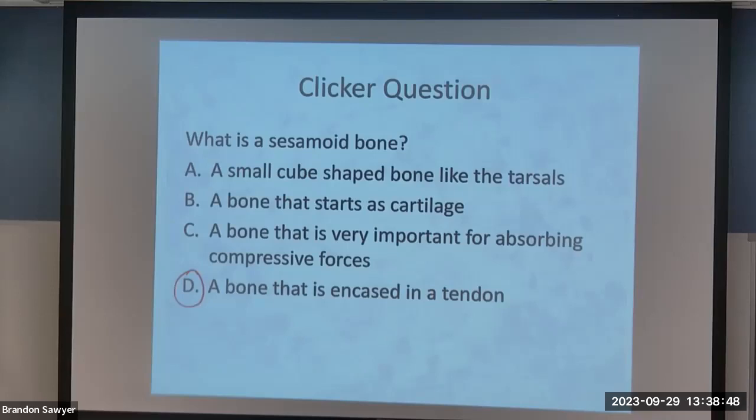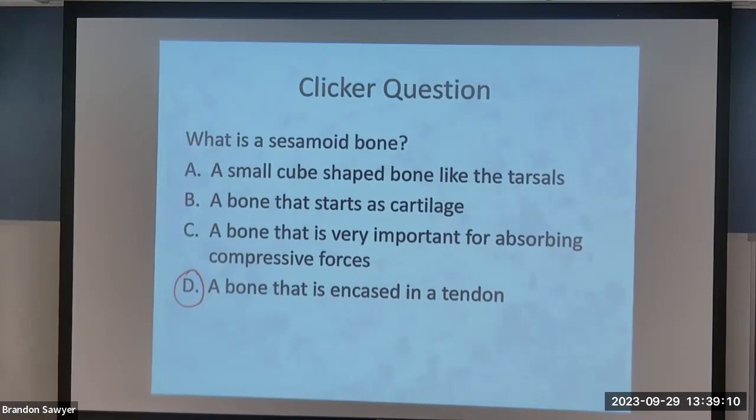We've also got one of the bones you studied for the practical. What's this one called right here? Pisiform. Yeah, your little pisiform bone is a sesamoid bone too. You can move it around if you feel it. You can't really tell what's moving because your whole wrist moves, but if you lock it in place, you can move it around similar to your patella.